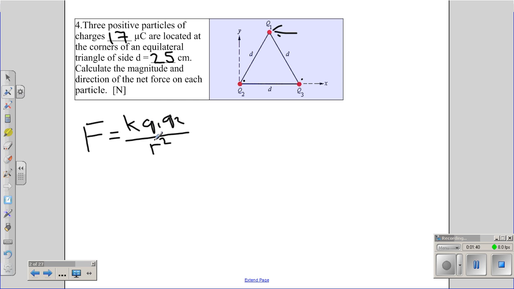For R squared, which represents the distance between the charges, we're going to use 25 centimeters. Of course, in this class, we don't use 25 centimeters. We always use meters. So we're going to say instead 0.25 meters.